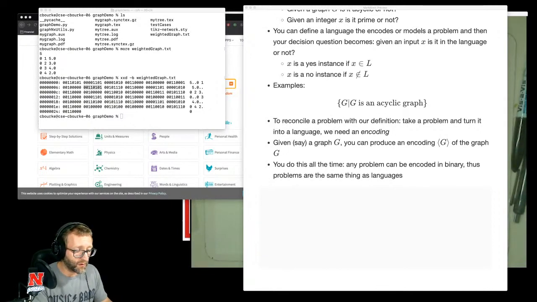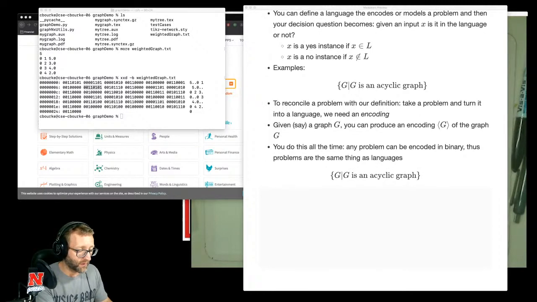So all I have to do is do it as an encoding instead. Right? So, the set of all binary strings which represent an encoding of a graph G such that G is an acyclic graph. Right? Now there is a technical note here.